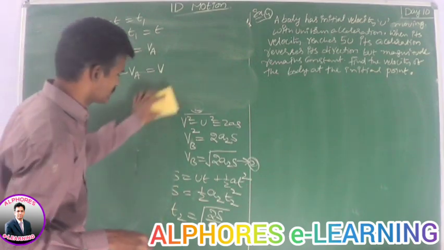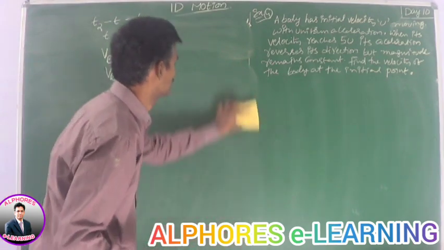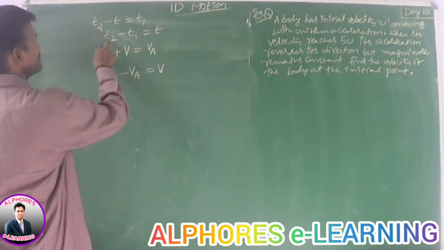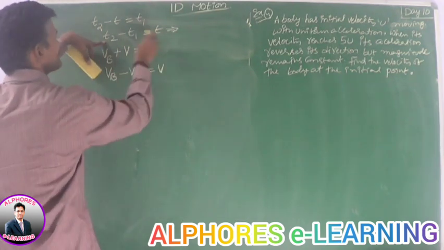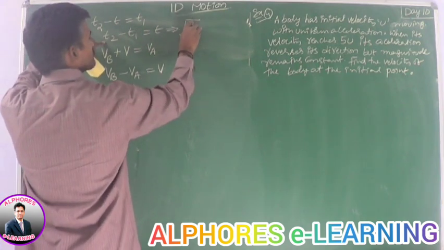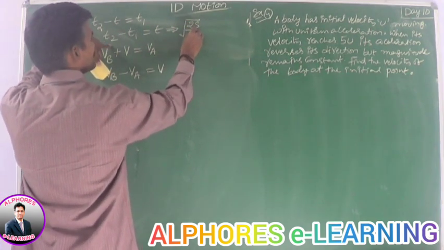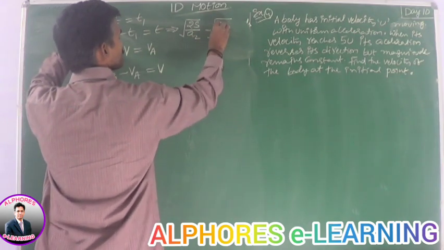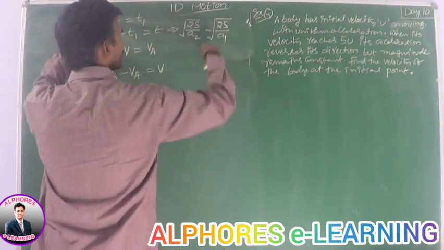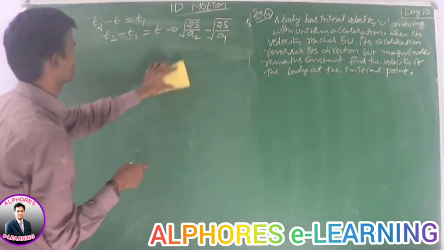Now substitute from these equations. Our T from here I can write as T is under root 2s by A2 minus under root 2s by A1.